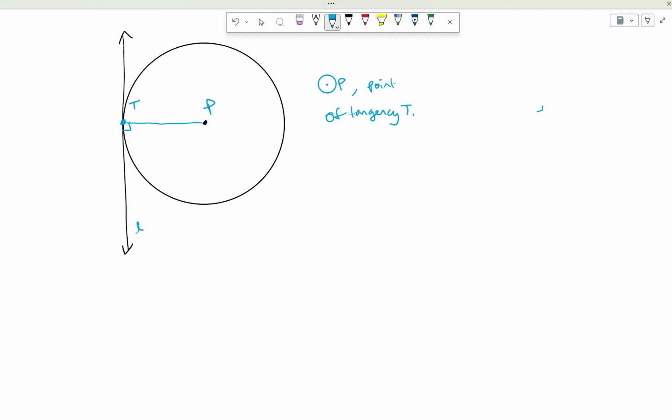Guys, I called it circle P, and I think I erased the P at some point. Here we go, circle P. Sorry, I named it, but then I never wrote the middle here. Okay, the center.